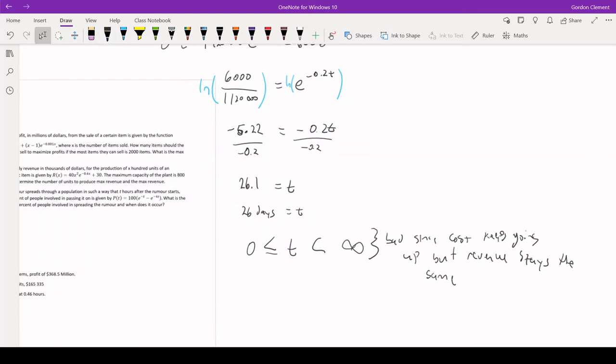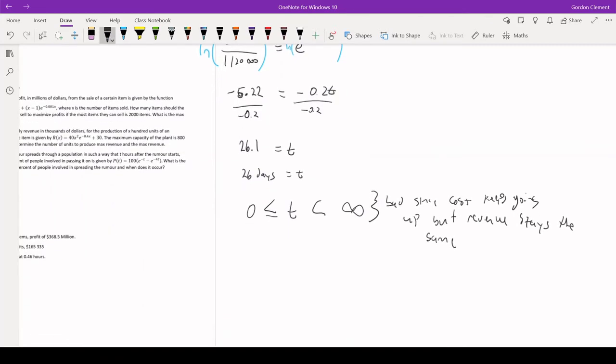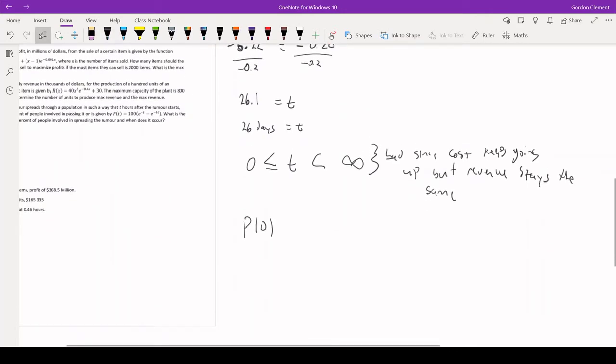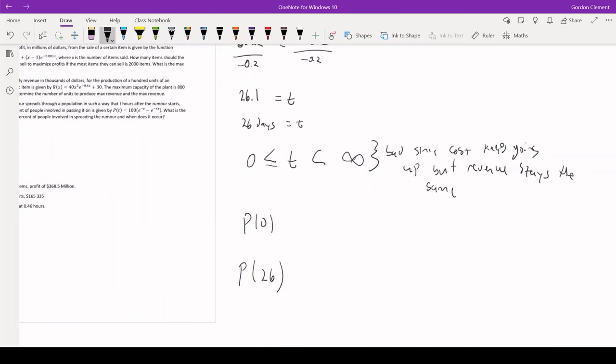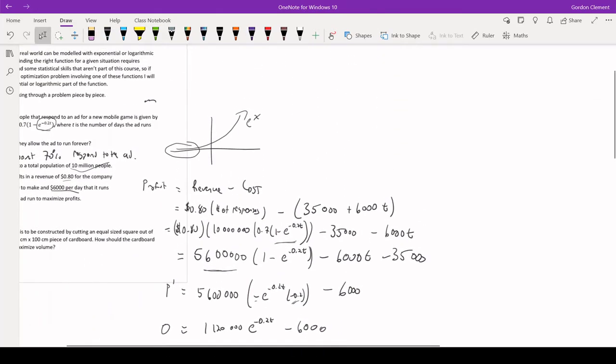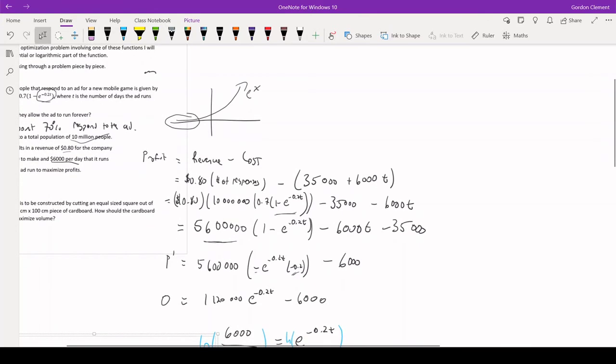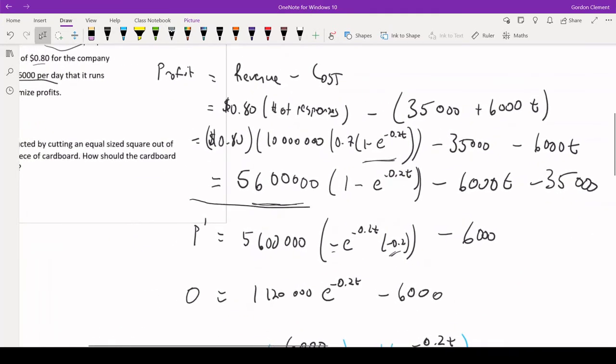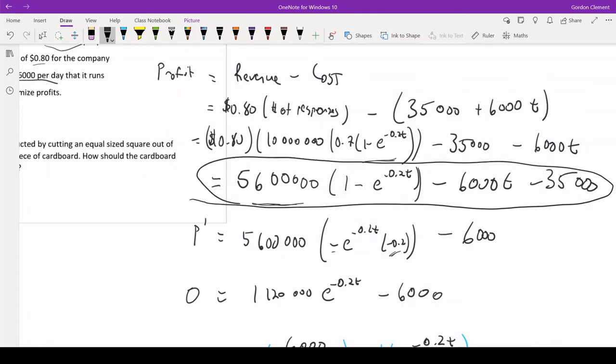So we're going to be thorough, we'll check the profit at 0 to make sure it's worse, and the profit at 26, and we'll see which one's the best. And I bet it's the 26. So I would say that line's probably the easiest for me to plug numbers into, right before we took the derivative.